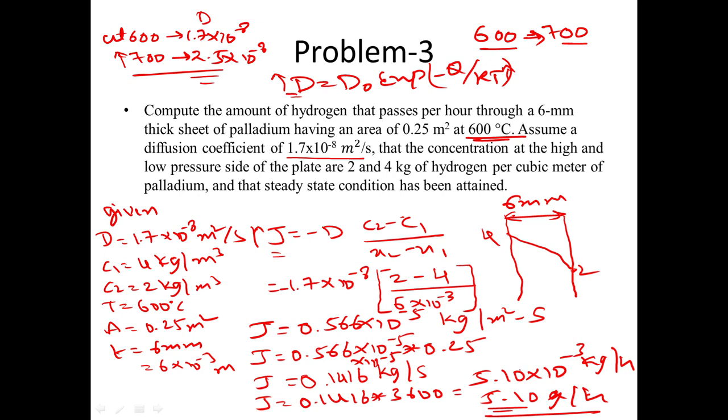It is 0.833. Here it is given 0.55 into 10 to the power minus 5. But if you increase by 100 degrees Celsius, the diffusivity value increases and the flux value increases to 0.833 into 10 to the power minus 5.